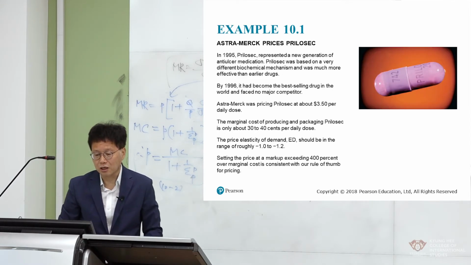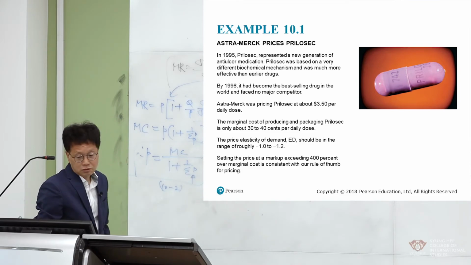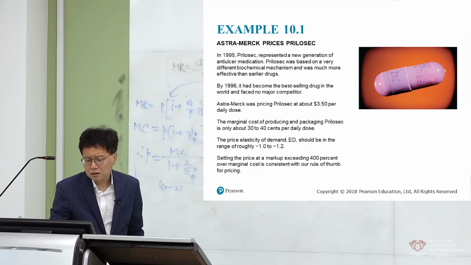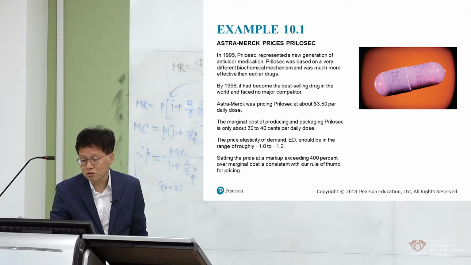Now look at this example, right? Extra: Merck's Prilosec. Prilosec is anti-ulcer medicine. In 1995, Prilosec represented a new generation of anti-ulcer medication.